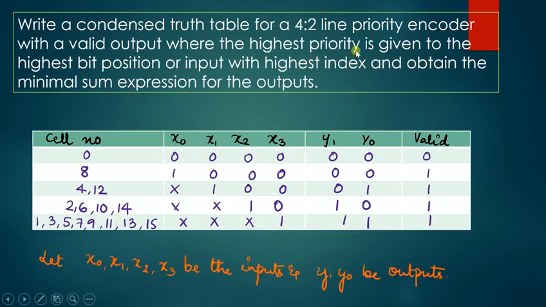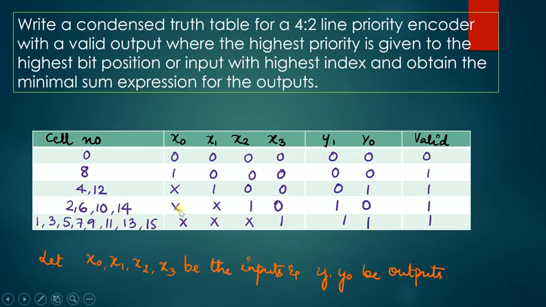If I would have given the highest priority to the lower or the least bit position, what would be the truth table? Highest priority given to the least significant bit, what happens is you will have 1 x x x. This would have been 0 1 x x.